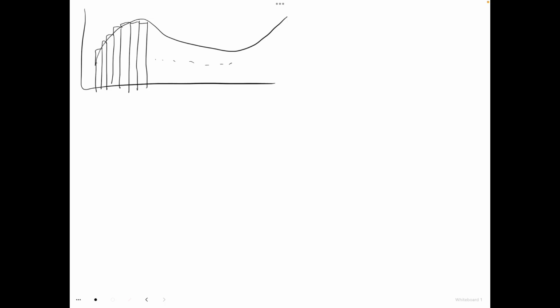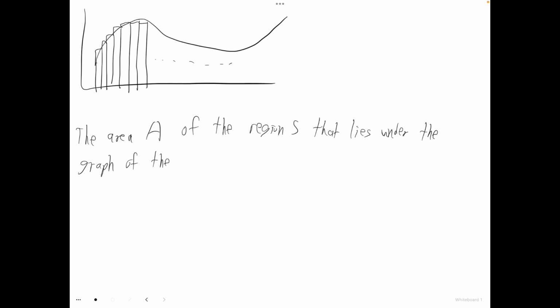Okay? And so, like I said, the area, which we're going to call A, of the region S that lies under the graph of the continuous function is the limit of the areas of the approximating rectangles.